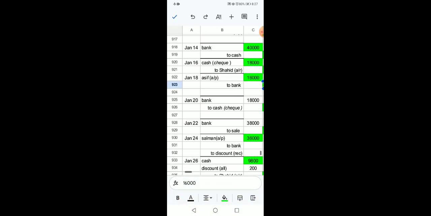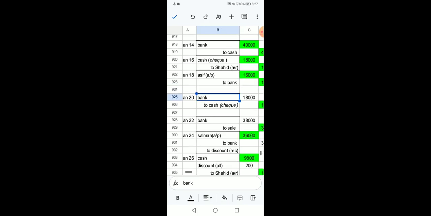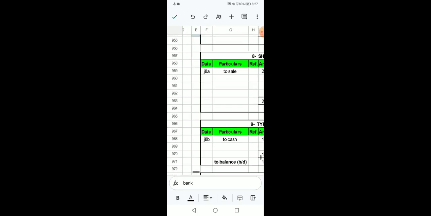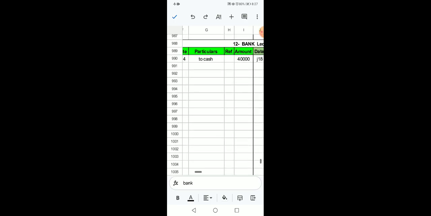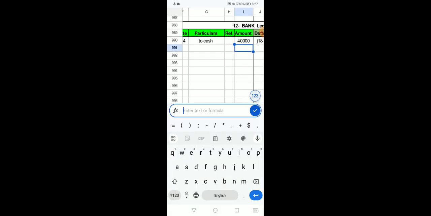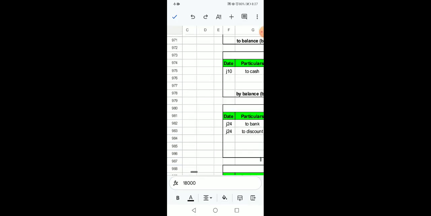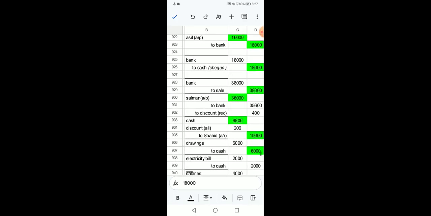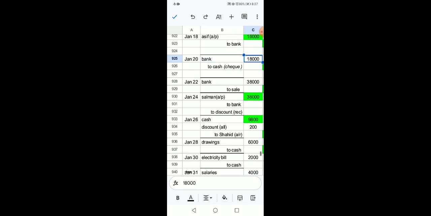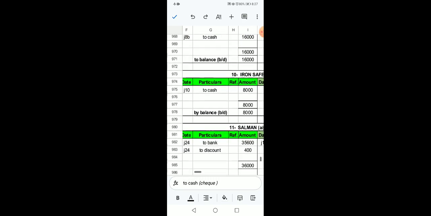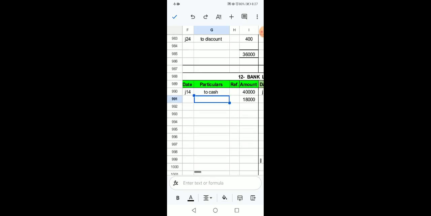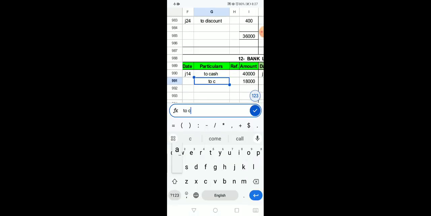Very next entry, bank is again present for 18,000 on the debit side. We will go to the bank and post 18,000 on the debit side. Now let's see what the reference is. For the 18,000 we have posted, the reference is cash, which is actually a check. So you will write cash, which was actually a check.